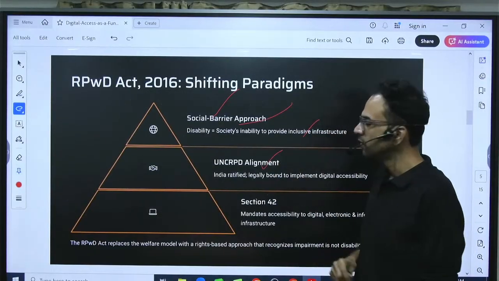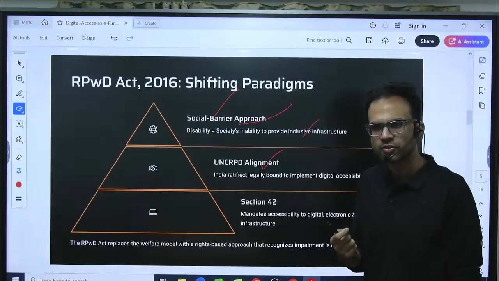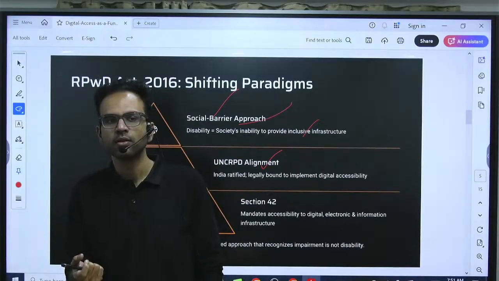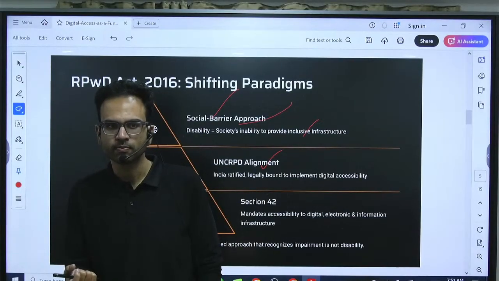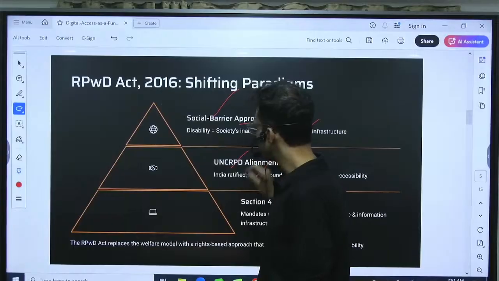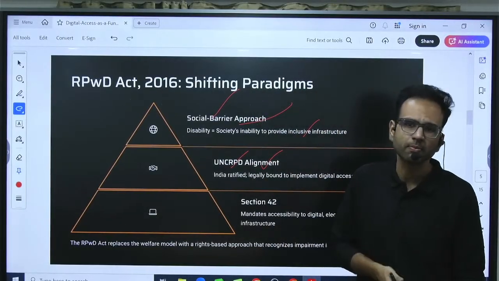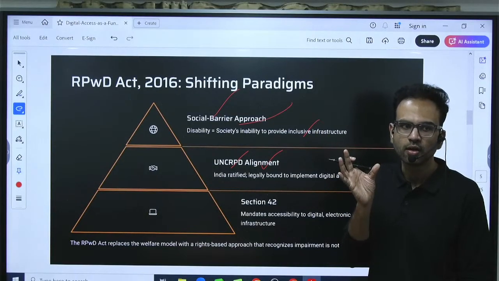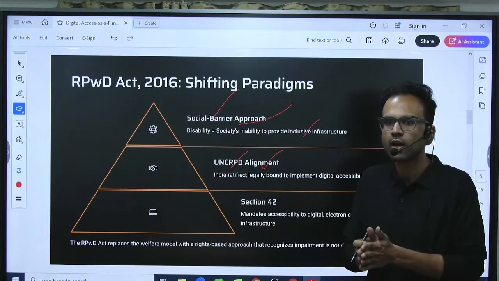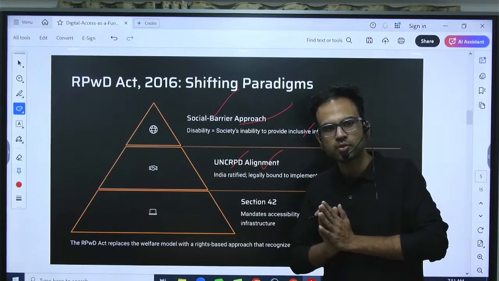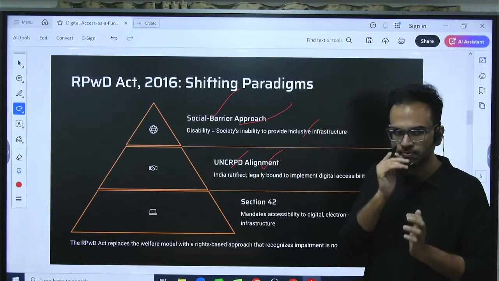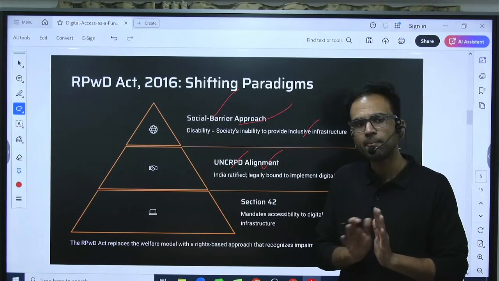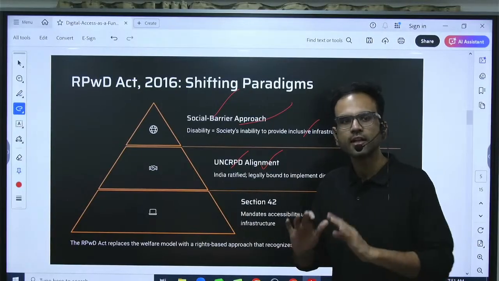Secondly, there are many UN conventions on the rights that you need to give to the disabled people. This convention is the UN Convention on the Rights of Persons with Disabilities. This is the convention which will give a framework of thought on how to address the problems. So before this 2016 law, we did not have complete alignment with this convention, which are like the global standards.